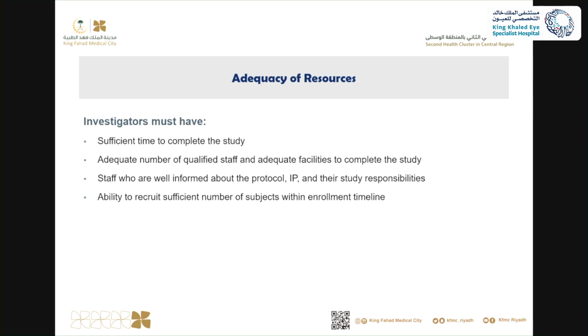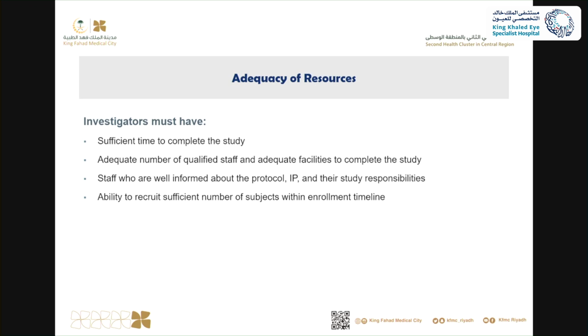It happens that many studies started and closed without recruiting a single patient over 3 years or 5 years. Why? Because the investigator inappropriately did not evaluate whether he has an adequate number of patients. So resources are not only equipment and manpower, but also patients themselves.